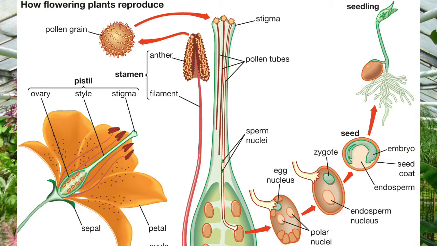So, if only stamens are present in a flower, it is a male flower. If only pistil is present, it is a female flower. Male and female flowers may be present on the same plant.